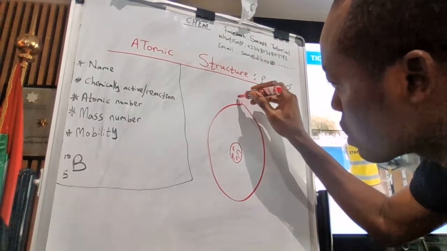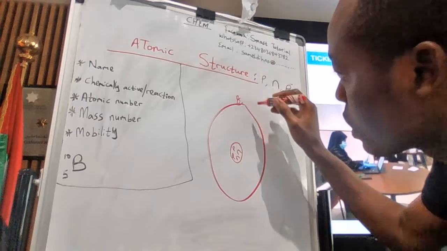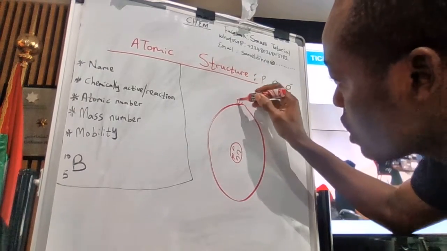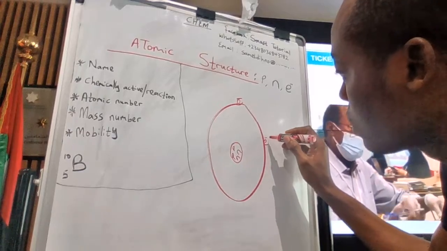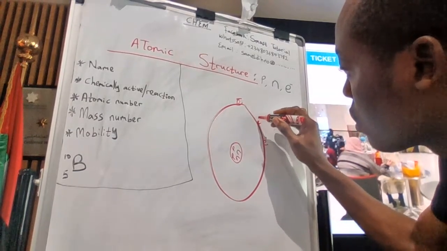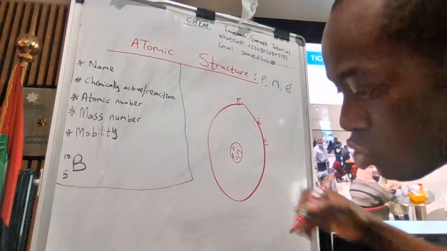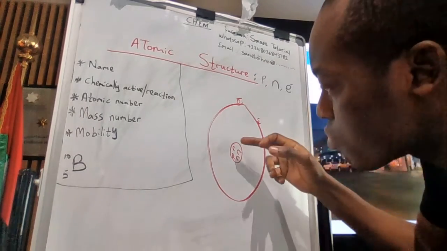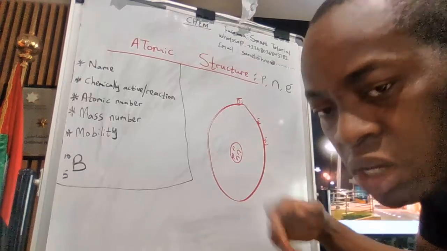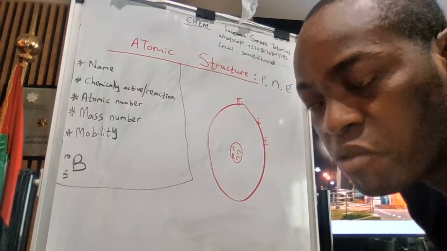Don't forget, just like I told you earlier, the electron, e minus, revolves round. The number of electrons depends on the atom you are referring to. Also, the number of protons or neutrons depends on the atom you are referring to.